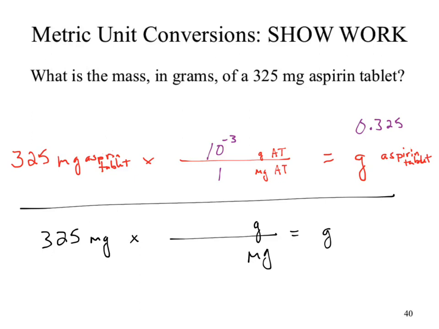Is that true? That is absolutely valid. The 1,000 goes in front of which unit? Milligram. The 1 goes on top. What do you get for an answer? The exact same thing. There is no difference.